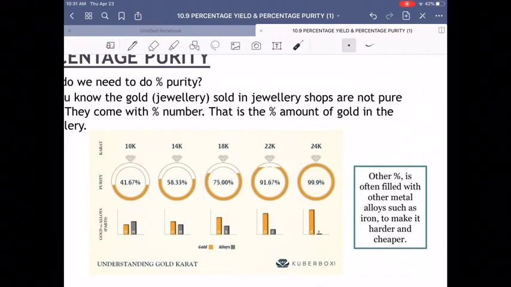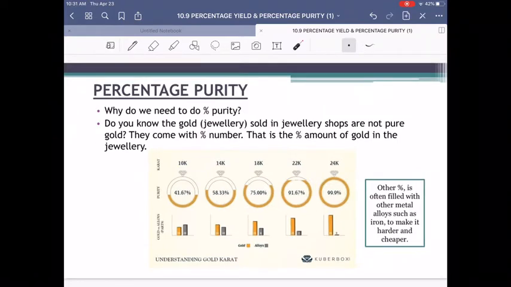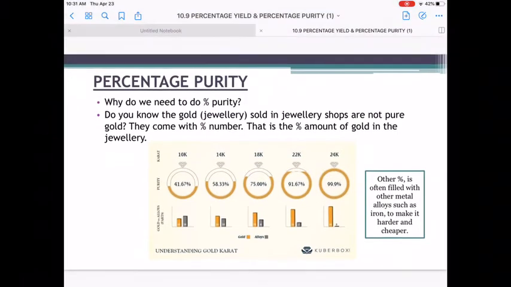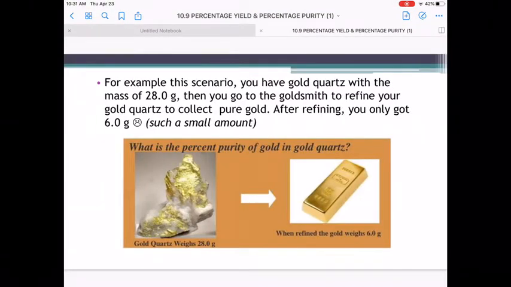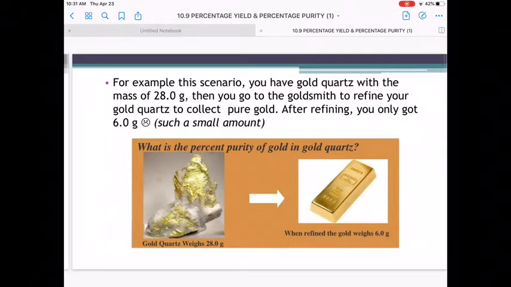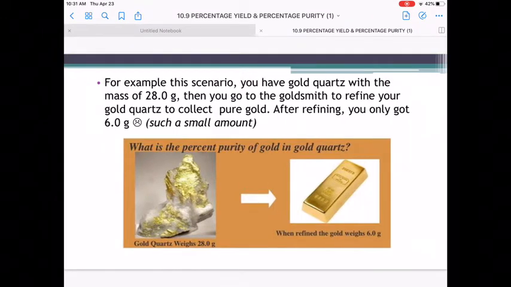The other percentage is often filled with other metal alloys such as iron, to make it harder and also cheaper. Okay, so for example, in this scenario, you have a gold quartz with a mass of 28 grams.